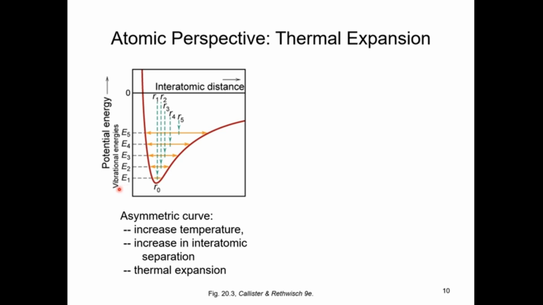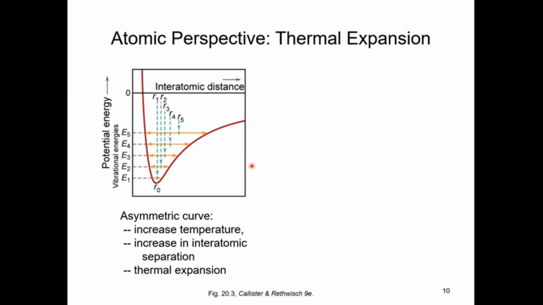The average interatomic distance is represented by the mean position, which increases with temperature from R0 to R1, R2, R3 and so on. As we increase the temperature, the mean distance between atoms also increases, R1 to R2 to R3 and so on.